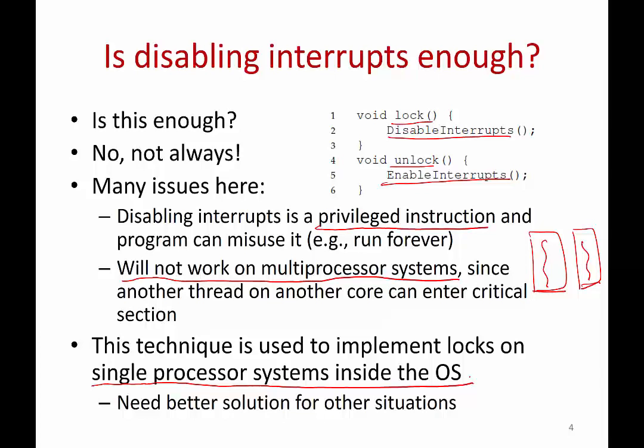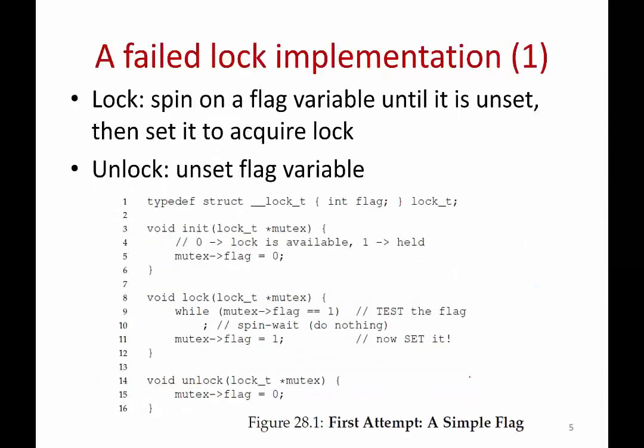So just remember that disabling and enabling interrupts was a primitive way of locking back in the days when all code could be trusted and you only had a single processor. So now let's go ahead and think about how we can implement locks in more general multiprocessor, user program settings.